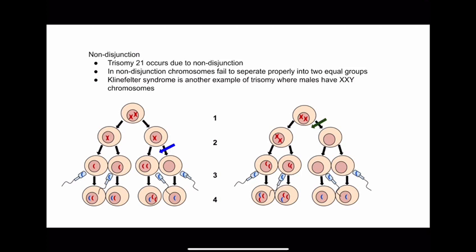So in Down syndrome, non-disjunction occurs in either one of the parent's gametes, so either the sperm or the egg, prior to fertilization. When the gamete with an extra copy of chromosome 21 combines with the other parent's gamete during fertilization, the resulting zygote has 3 copies of chromosome 21. This extra chromosome causes the physical and developmental characteristics of Down syndrome.